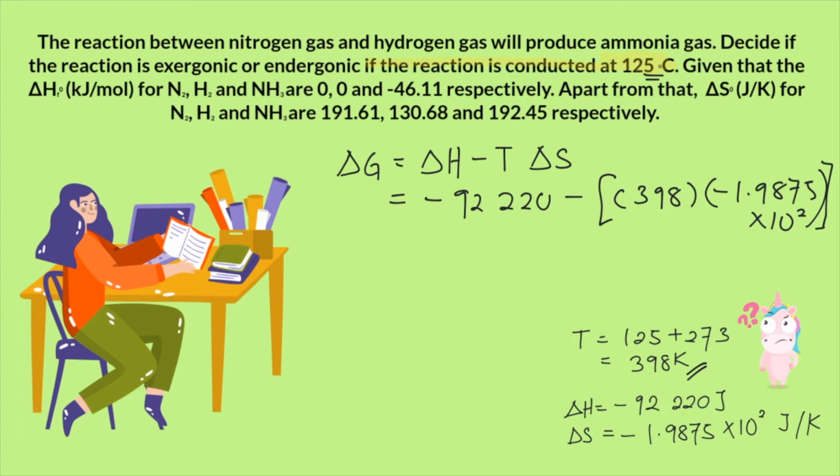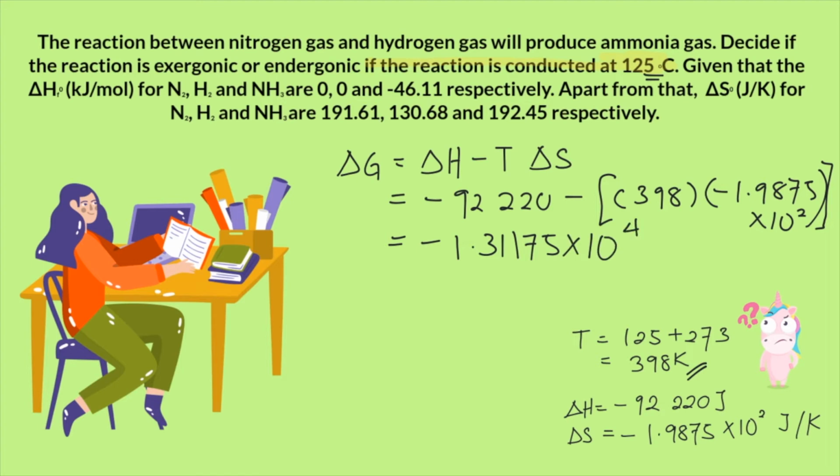All you need to do is press your calculator and you should get your delta G equivalent to negative 1.31175 times 10 to the power of 4.